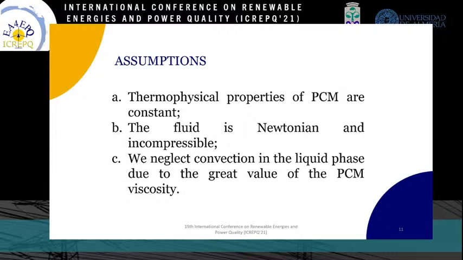First of all, the thermophysical properties of the PCM are constant. Secondly, the fluid is assimilated to a Newtonian and incompressible fluid, and we neglect convection in the liquid phase due to the great value of the PCM viscosity.